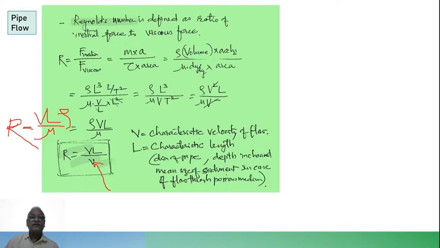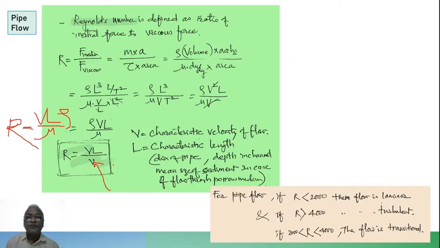Mean size of the sediment in case of flow through porous medium. Depending upon the situation, you have to fix what L is. In case of a pipe, it is simply the diameter. So if you are talking in terms of pipes, then it will be V D rho by mu. D is the diameter. Okay, we'll see that.